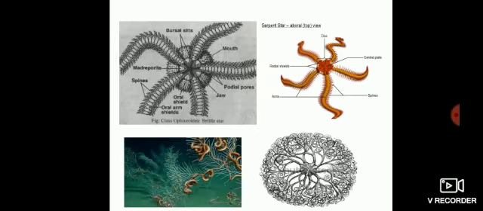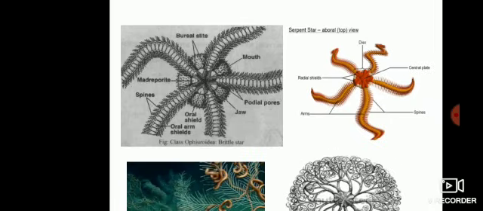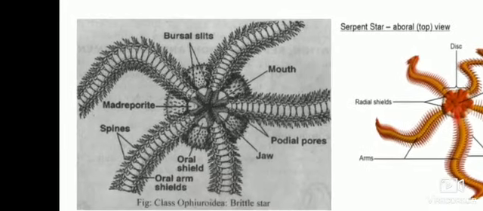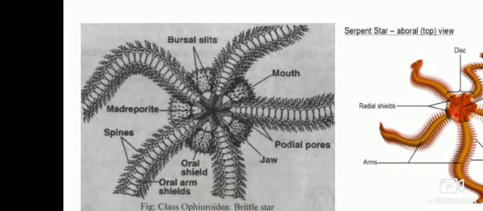Next is some diagrammatic explanation of the class Ophiuroidea. The first diagram shows the bursae or bursal slit, madreporite, some jaws, and mouth. Now, we can see the bursae and the bursal slits present on the oral surface, and on the oral side of the arm are openings for the respiratory bursae.